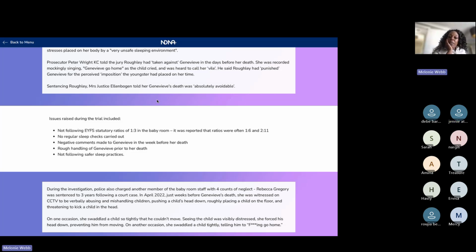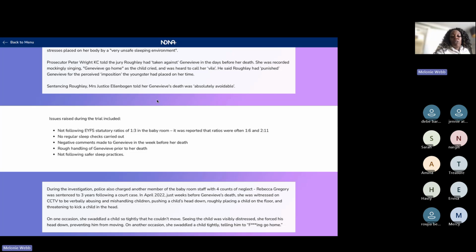So during the investigation, police charged another member of the baby room staff with 4 counts of neglect. Rebecca Gregory was sentenced to 3 years following a court case. In April 2022, weeks before Genevieve's death, she was witnessed on CCTV verbally abusing and mishandling children, pushing a child's head down, roughly placing a child on the floor, and threatening to kick a child in the head.